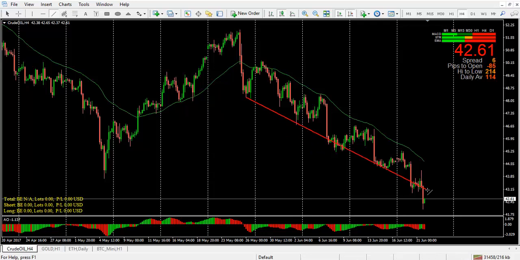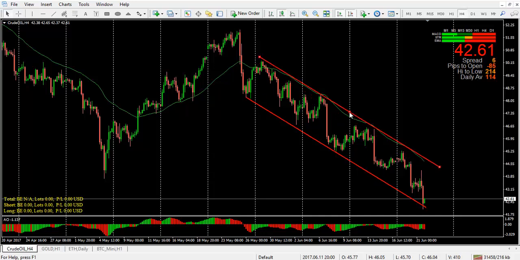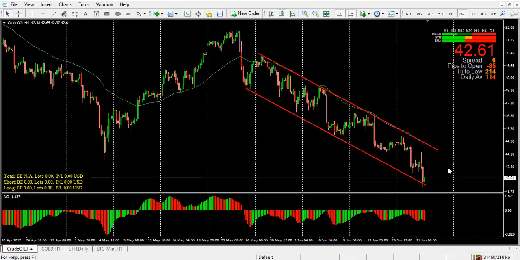First of all, we've got some lower lows. The market is making lower lows and lower highs, so we've got a decent channel here. Now, how do we trade this? Simple. We need the price to go up.